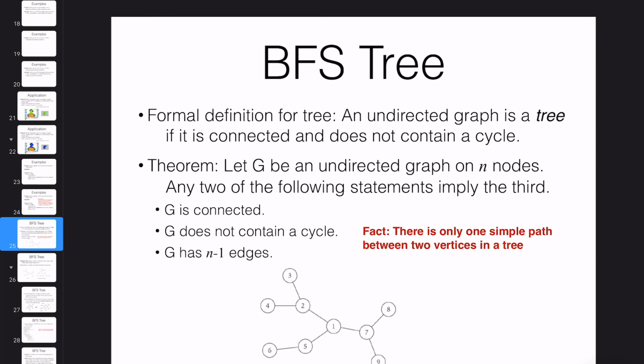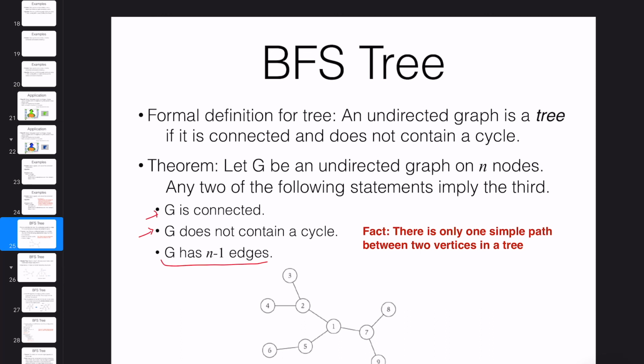From this definition, we can prove three different specifications for a tree, where if two of them are true, you can immediately prove the third one. For example, if you know that a graph is connected and doesn't have a cycle, you can prove that the number of edges is going to be n-1, where n is the number of vertices.